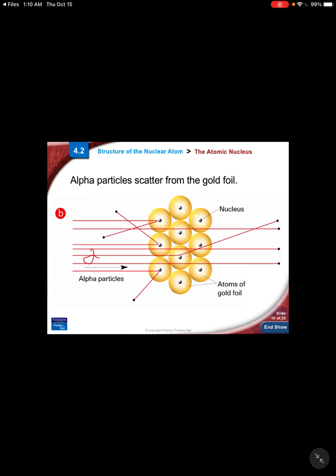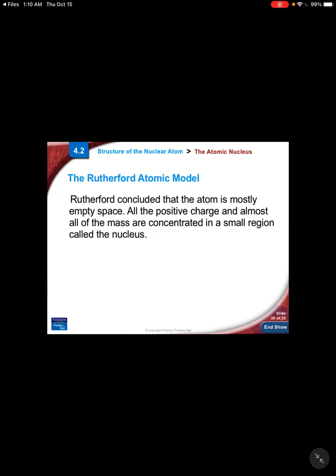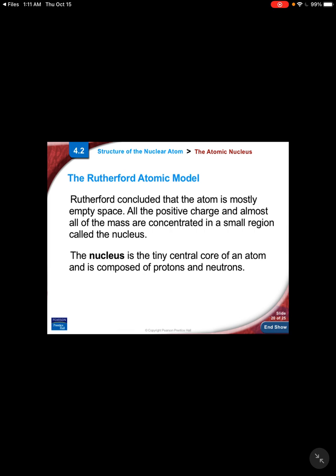So this is the model we use today, and that is what we call the nuclear model of the atom, or Rutherford's nuclear model of the atom.